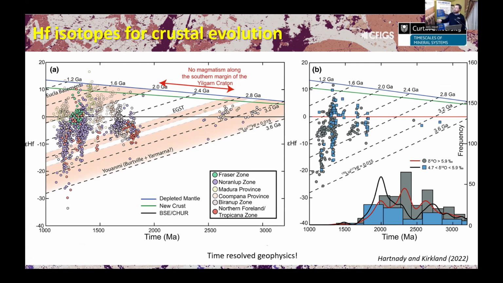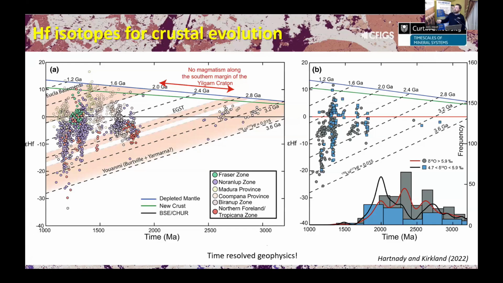And you can see there's basically this stair-stepping pattern where we've got magmas coming out of the craton itself that are being reworked with a new magma. So we're reworking the same material. And then we're suddenly starting to add new juvenile material about 1.6 billion years ago.